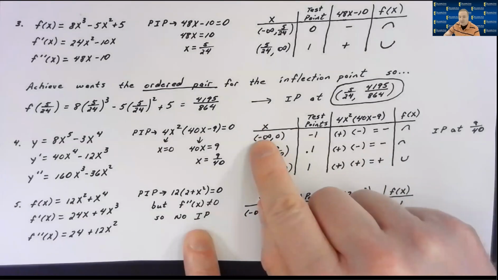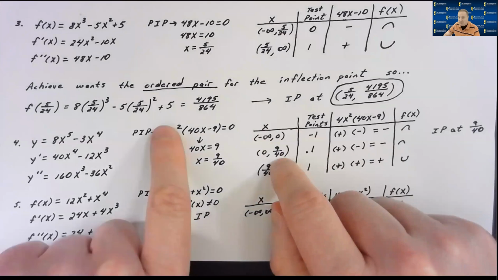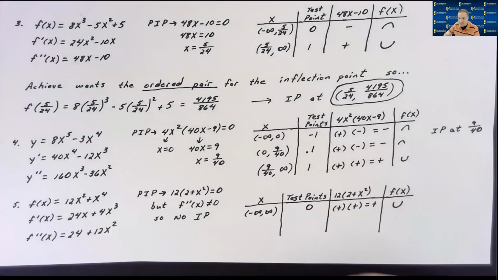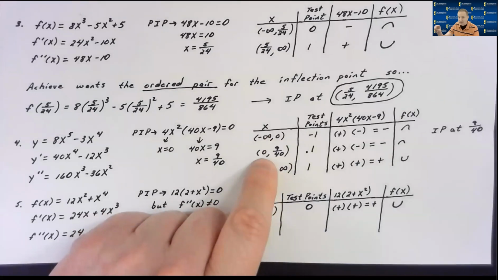Now, when you're asked about your concave intervals, I could see someone saying, well, why can't I just say it's concave down from -infinity to 9/40? These points where the second derivative is equal to 0, they're either a point where it changes concavity, or it's a point where the graph is instantly concave neutral just for an instant. So you'd say, no, 0 cannot be included in the region that's concave down.